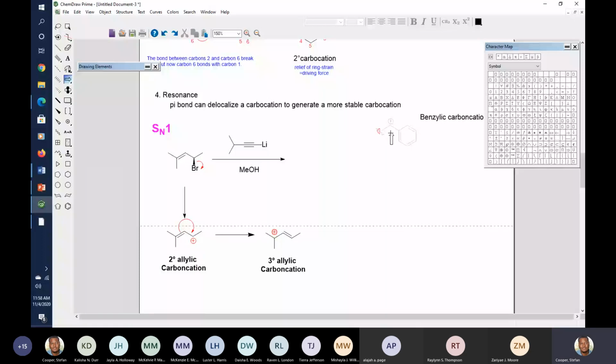That carbon right there. This carbon cation here is known as what type?